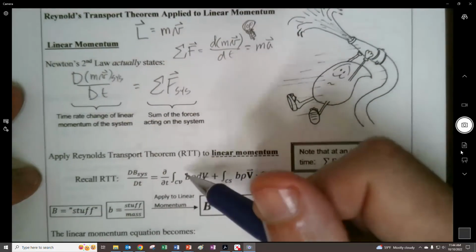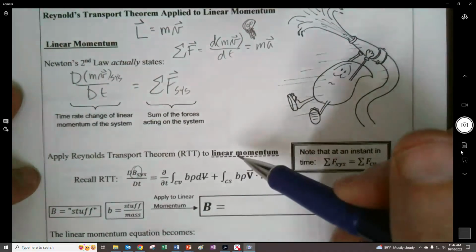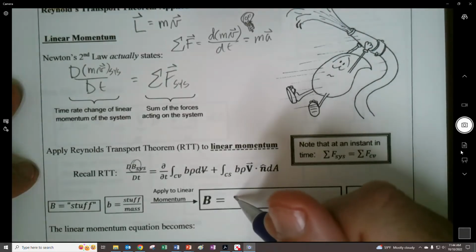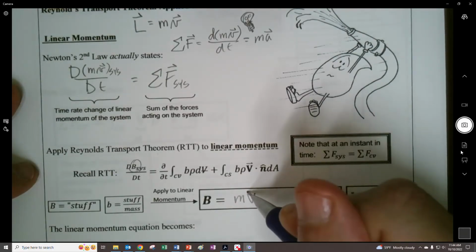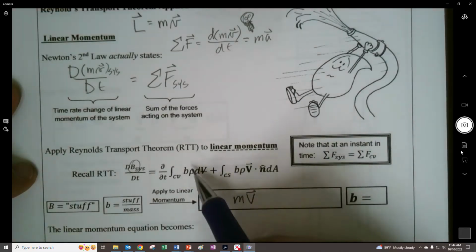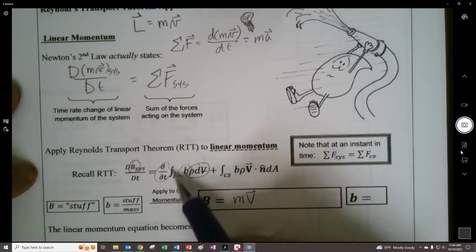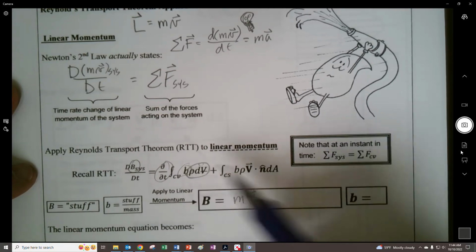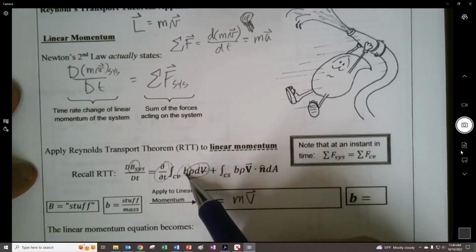And remember, we have this big B, and that big B for us is going to be mass times velocity. I'm going to use the big V for mass times velocity. But we're transporting stuff. We're using mass to transport it, right? So here's a collection of mass per time right here. This is our stuff per mass.